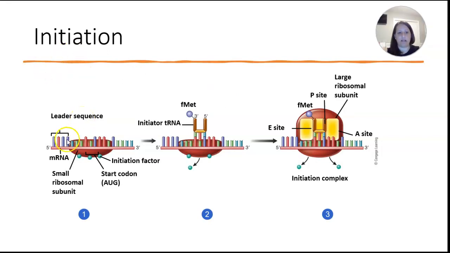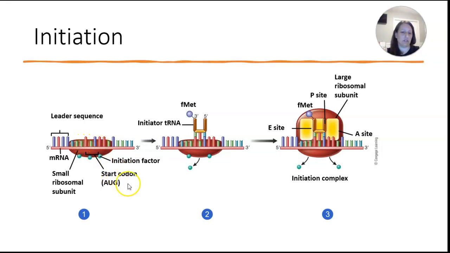So let's get our bearings here. We can see 5' to 3'. This is our mRNA transcript. This is the small ribosomal subunit attached to our mRNA. It also has these 3 little spheres, which are called initiation factors. And it's lined up so that here is the start codon, reading AUG.